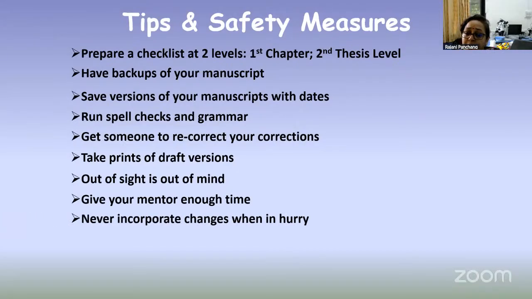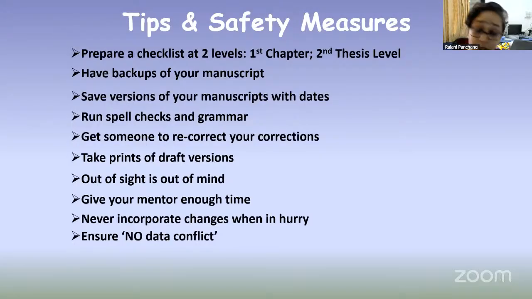Never incorporate changes in a hurry. Remember to save them. Ensure no data conflict. I'll tell you what. During my thesis, somewhere I had written 713 species. Somewhere I wrote 731 species. Somewhere I wrote 712 species. Somewhere I wrote 735 species.